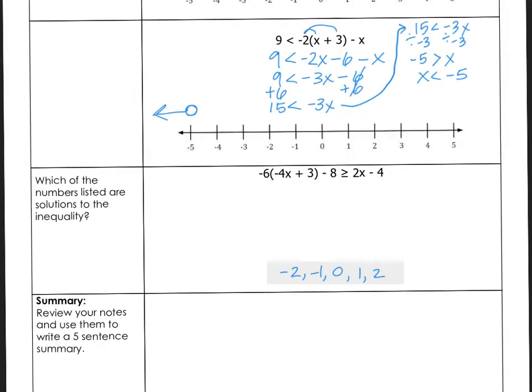All right, so for this one, it asks which of the numbers listed are solutions to the inequality. The first thing I need to do is distribute, and when I distribute, I'm doing negative 6 times negative 4x, which gives me positive 24x. Now I have negative 6 times positive 3, which gives me negative 18, and I'm going to bring everything else down.